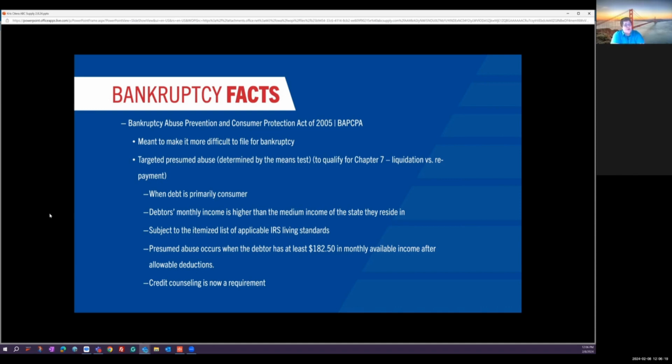Presumed abuse occurs when the debtor has at least $182.50 in monthly available income after allowable deductions. Just in that itself, you can see how archaic these approaches are. Who could possibly live off of that? And credit counseling is now a requirement.